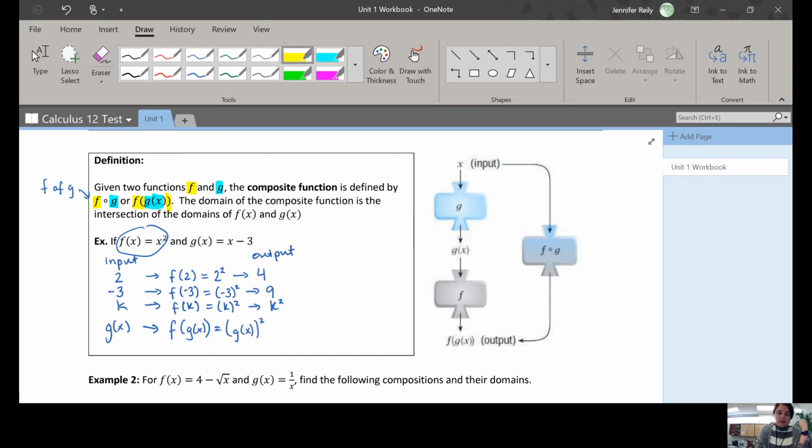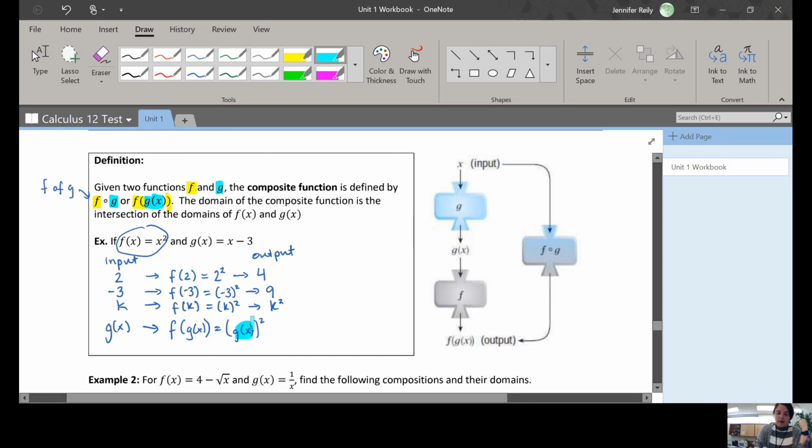I'm going to use my colors here so we can see. Notice the g of x is being squared. The output would be, g of x is x minus 3, so let's write x minus 3 squared. That would be the output.